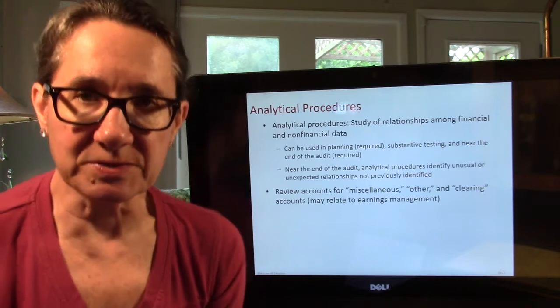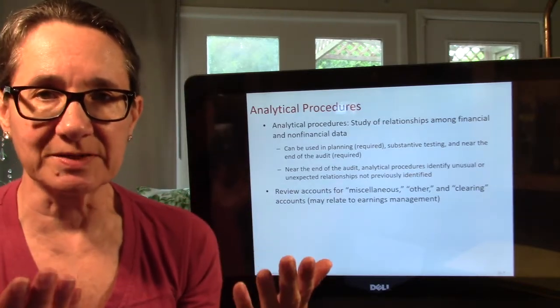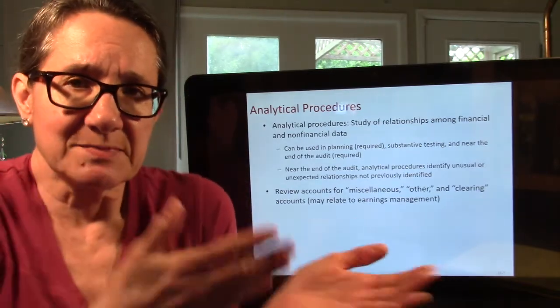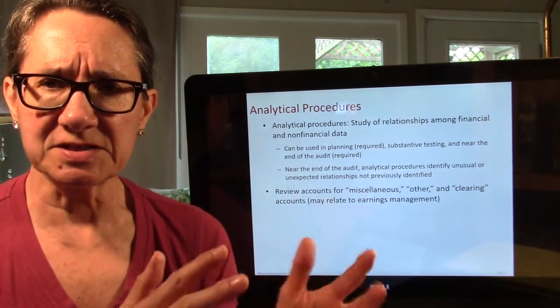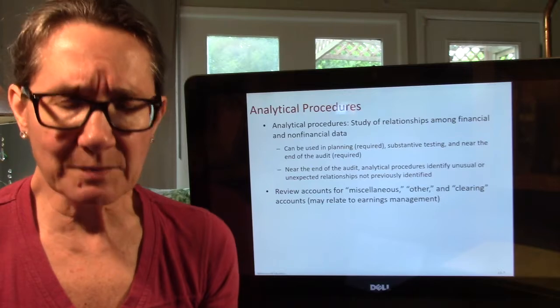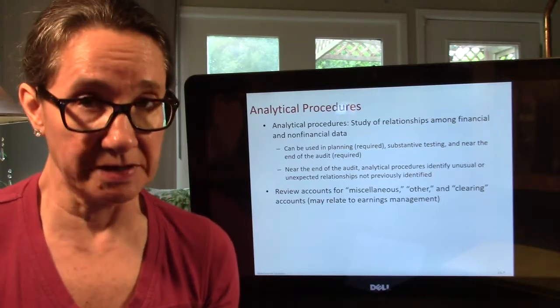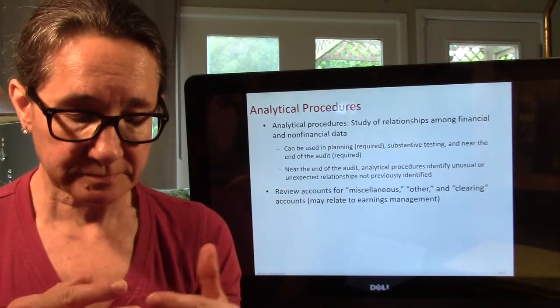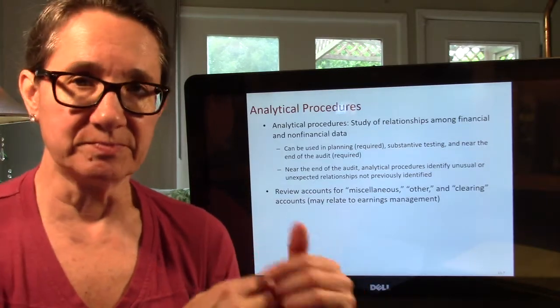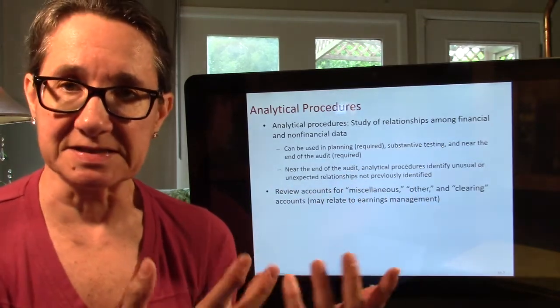You'll also do analytical procedures. Now you've got your complete full financials. You did some analytical procedures to plan the audit, like, this year, what's changed? What's going on? Maybe you did some analytical procedures during the audit, taking some non-financial performance measures and comparing them to, say, revenue numbers. Did that make sense?